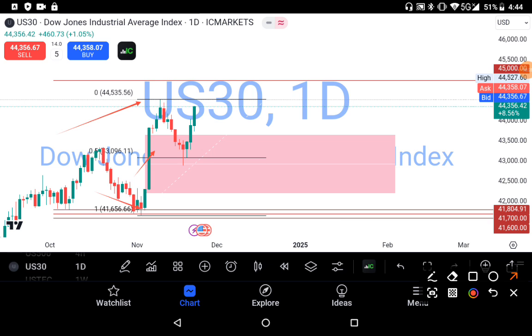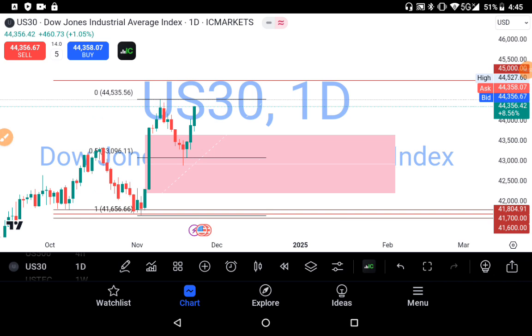The 0.5 level here is also closer to this yellow line, which happens to be the midpoint, the consequent encroachment of the BC.